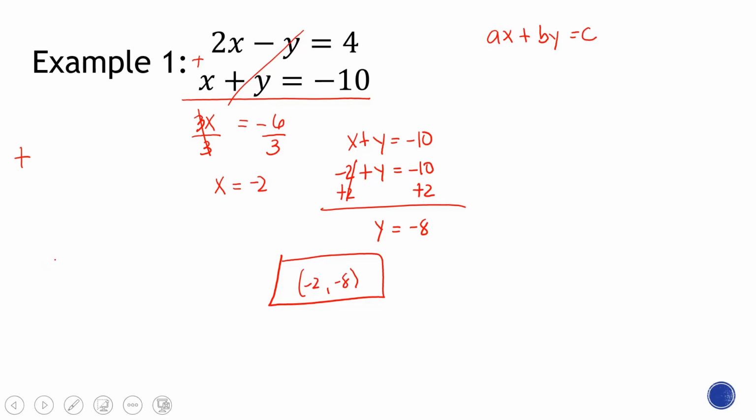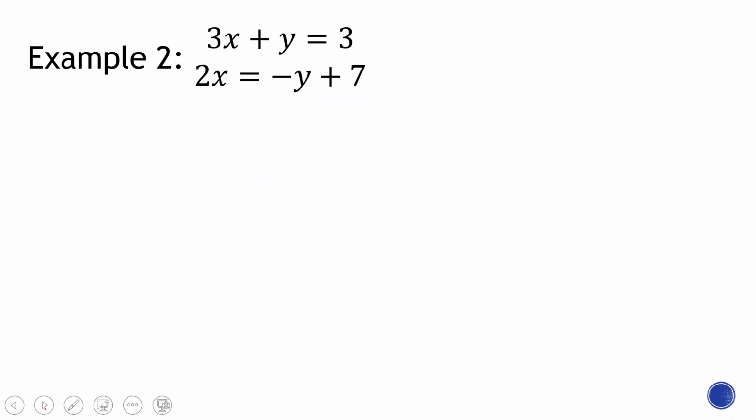Next. Okay, again, the first thing you need to consider is that the two equations should be in the form of ax plus by equals c. The first one is already in that form. The second one is not, so we need to do something in the second equation. To transform the second equation into ax plus by equals c, I'm going to add y on both sides.